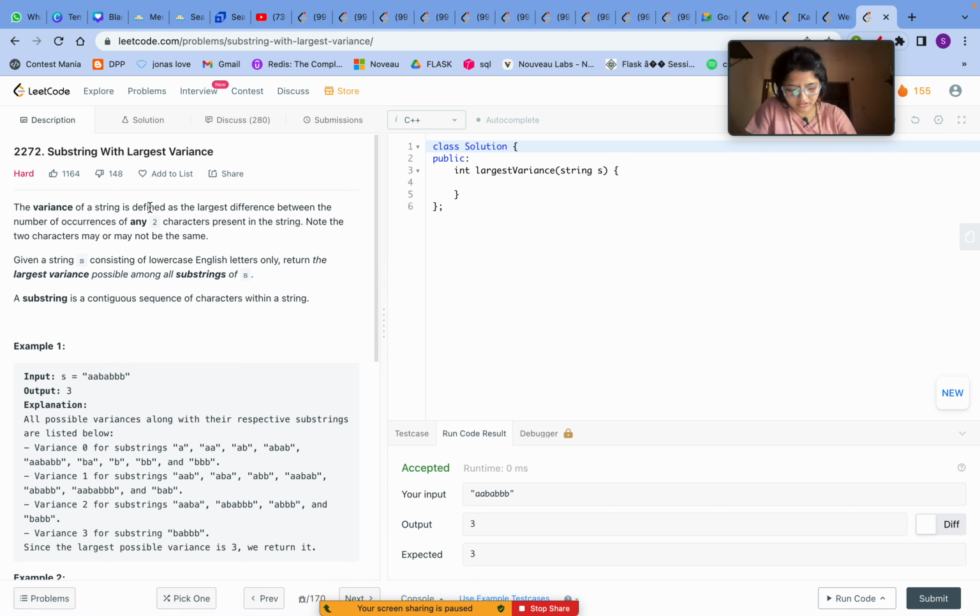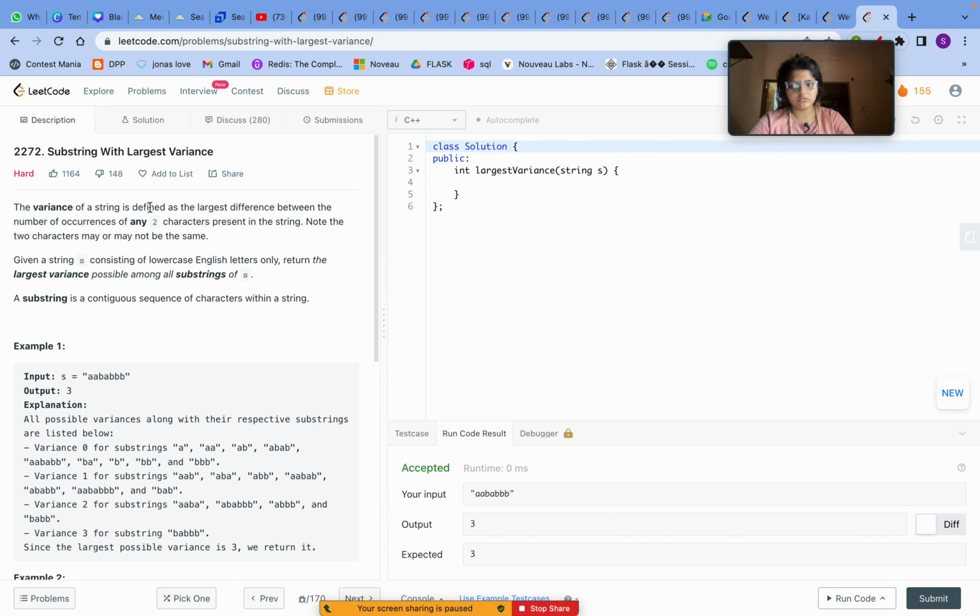So the question is, you are given a string and you need to find the variance. Variance means you need to choose a pair of alphabets and subtract the occurrence of the highest frequency minus the lower frequency.